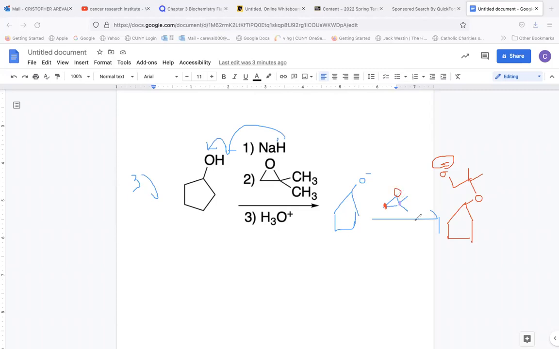I forgot I drew the O. And the last step, right?